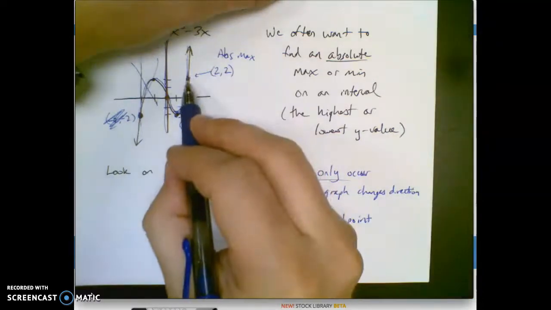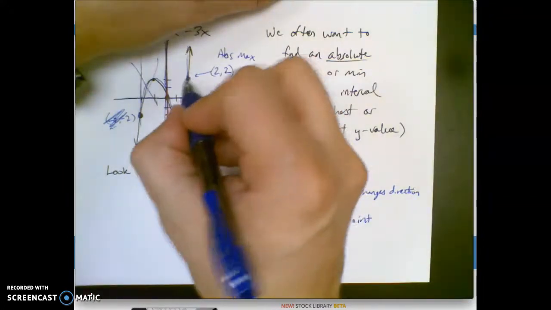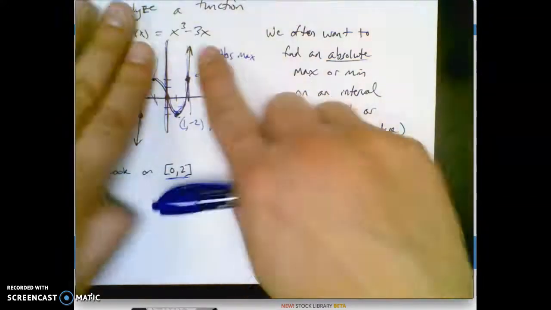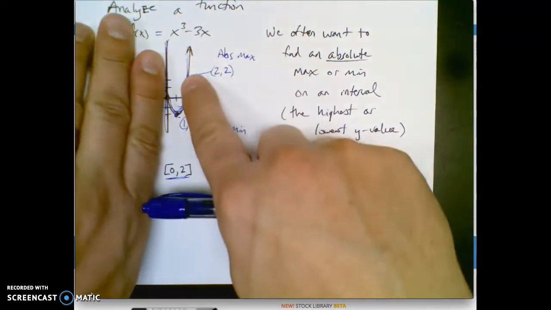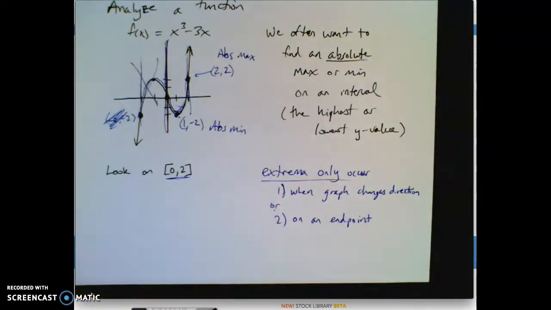Okay, so up here, that's an endpoint. It's not changing direction, but since I chopped my graph off from here to here, that's the absolute highest point. Okay, so those are the only places that you can have your absolute maxes and mins.